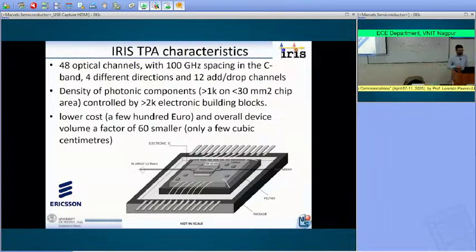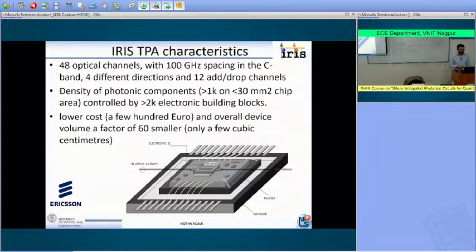The overall objective was to make one very compact circuitry where you have a certain number of input optical fibers, in this example 12, that define 4 different optical channels with a spacing between the channels of 100 gigahertz, and be able to send the signal along the standard 4 directions, north-south, west-east. And then, in addition, you want to add or drop up to 12 channels from the router.